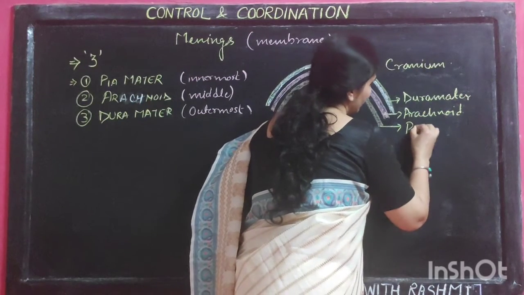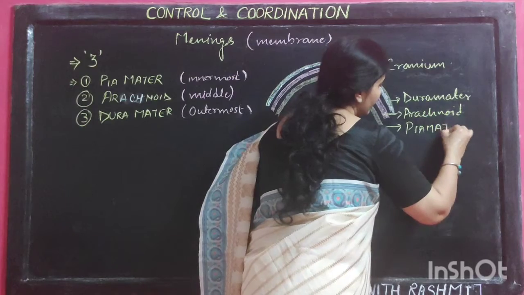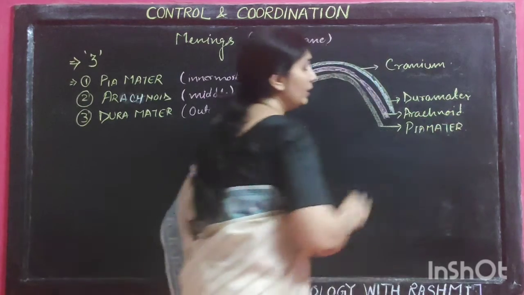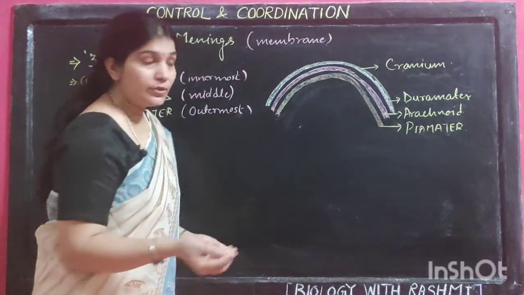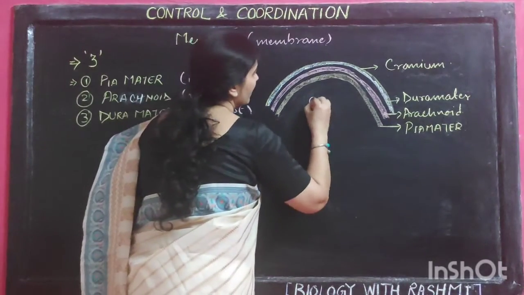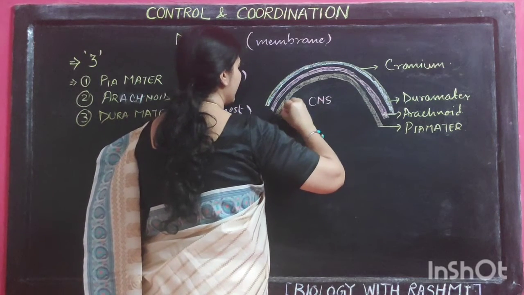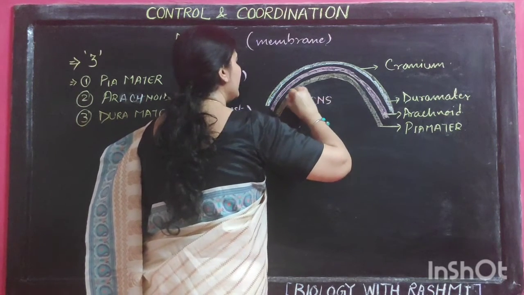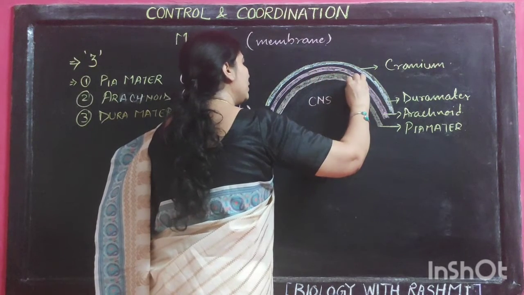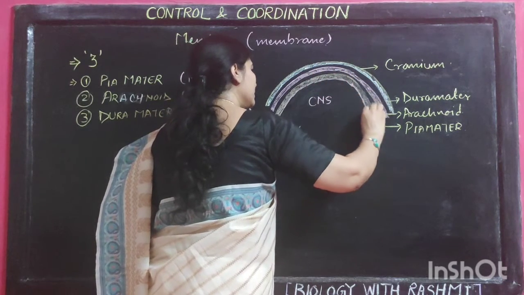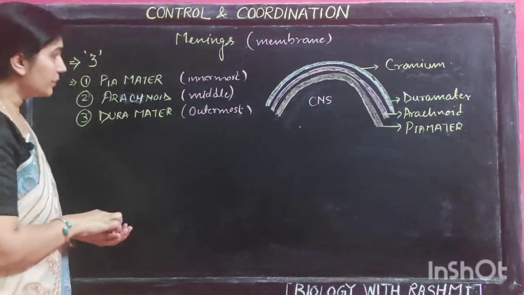So these are the three layers, or the three meninges, that are present around the central nervous system. Where is the central nervous system? This is the portion of the central nervous system. Again, I am drawing a pink line just to define the lining of the central nervous system. So is it clear to everyone?